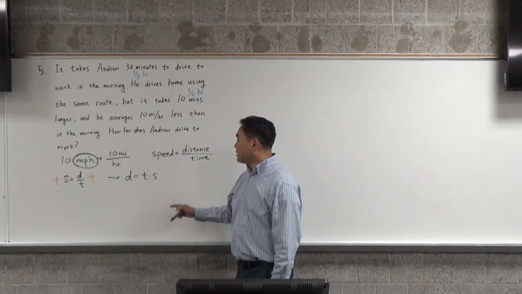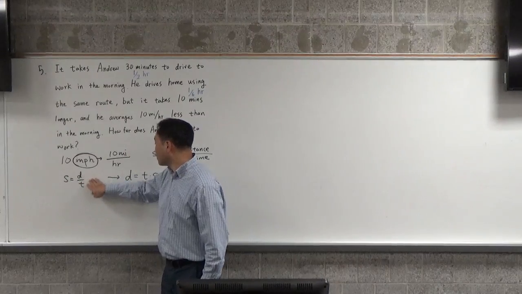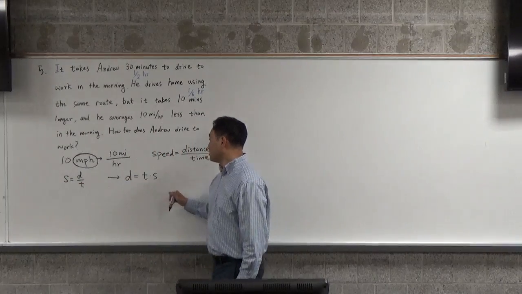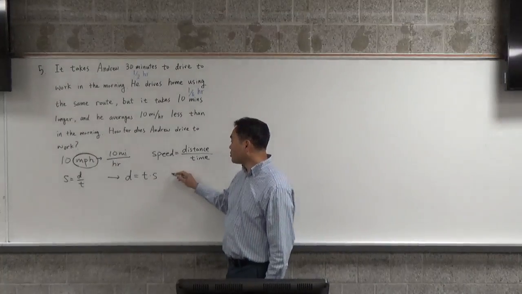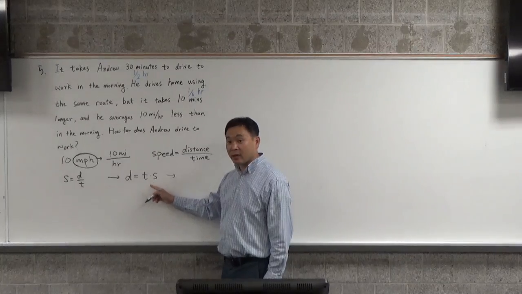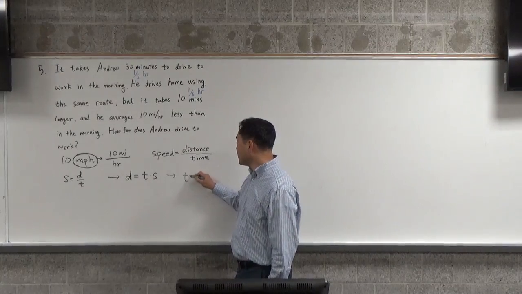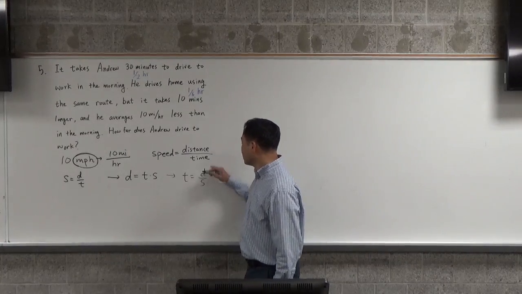So we have an equation for S. We have an equation for D. Now we need an equation for time. So how do you solve this for time? Divide by S, right? So you have T equals distance over speed.